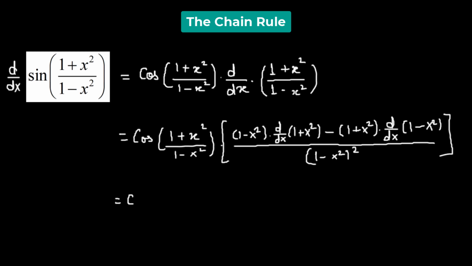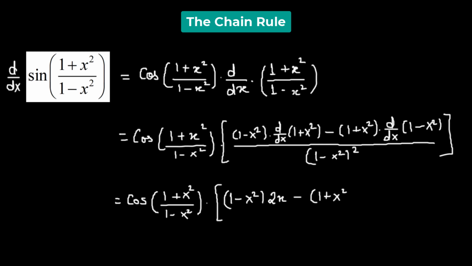So that is equal to cosine of 1 plus x squared divided by 1 minus x squared, multiplied to 1 minus x squared multiplied to the derivative of 1, which is 0, and the derivative of x squared is twice x, minus 1 plus x squared multiplied to the derivative of 1, which is 0, minus the derivative of x squared, negative 2x, all divided by 1 minus x squared whole squared.